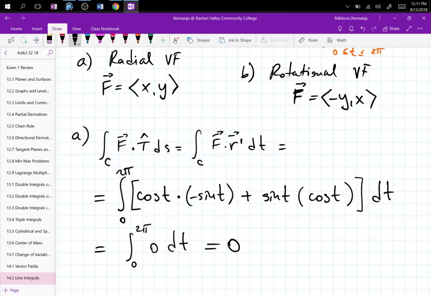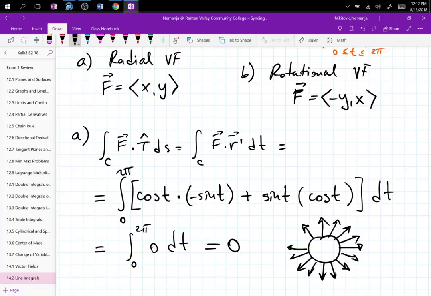Does this make sense? The answer to that should be hell yes, if you actually spend time learning what the radial field is. Radial field is you have a source, and it shines out from that source. You have infinitely many of these vectors all going out. Just look at any kid's drawing of a sun, right?